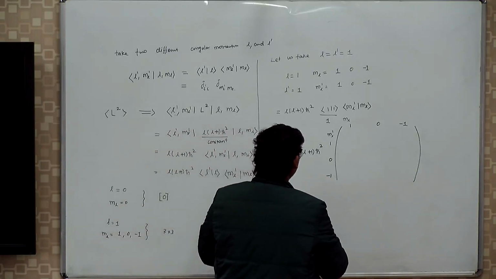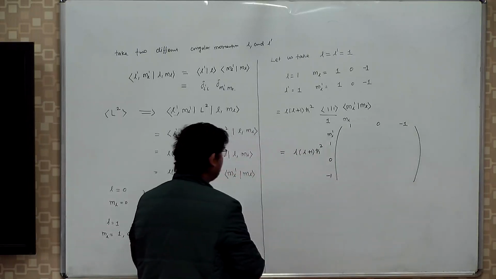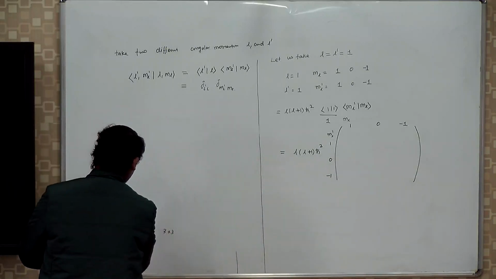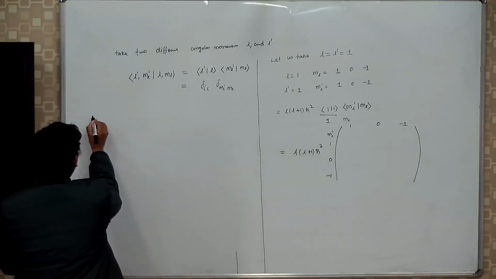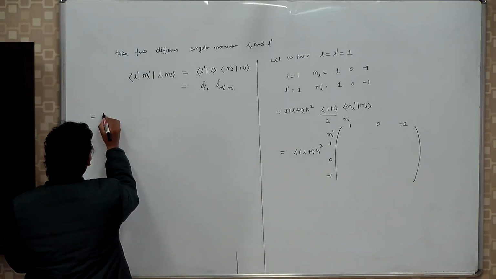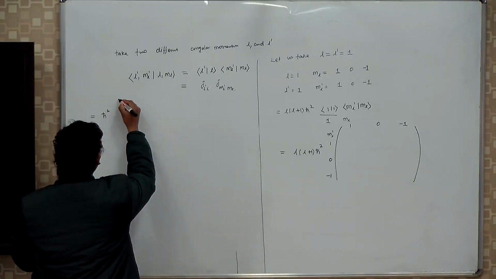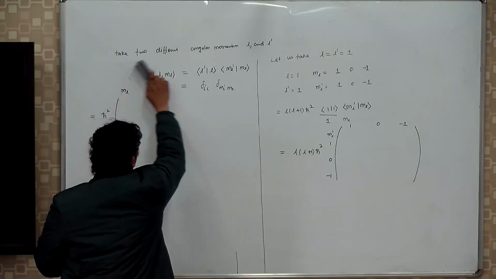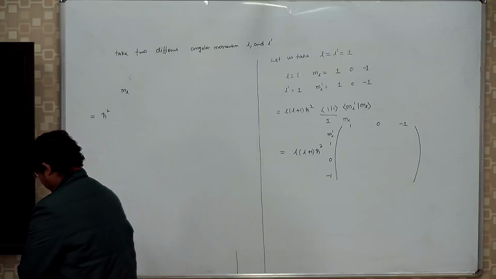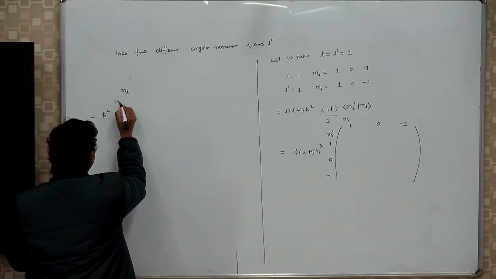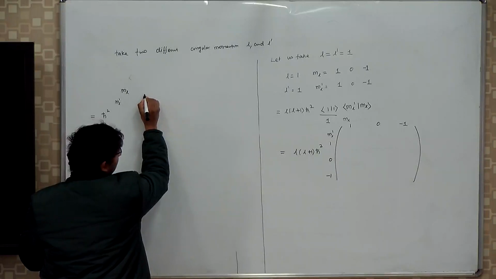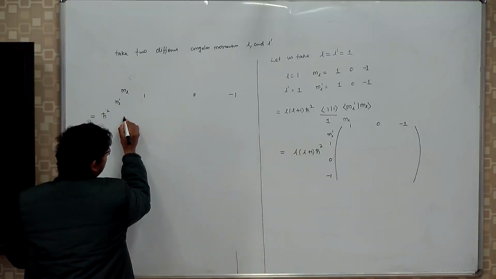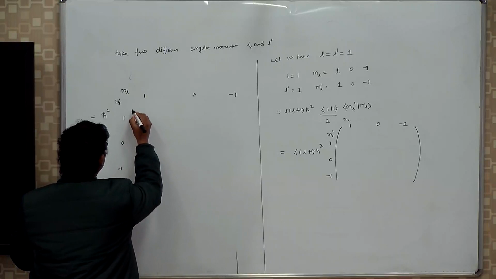Then further this matrix can be written. ħ squared, M L, M L dash, 1, 0, minus 1, and 1, 0, minus 1.